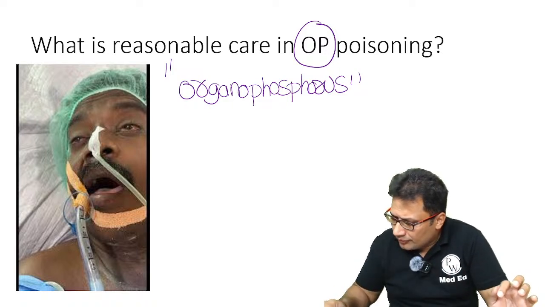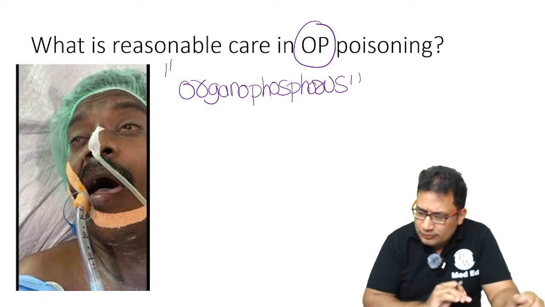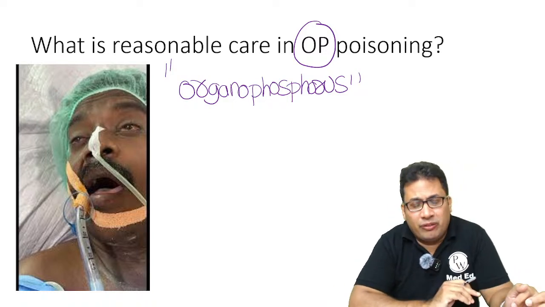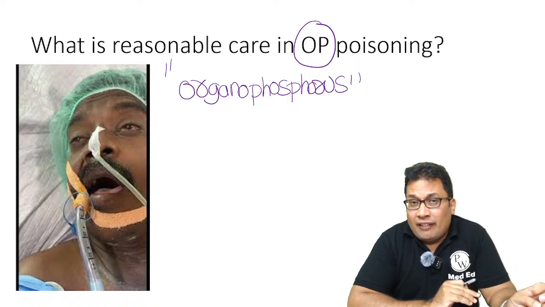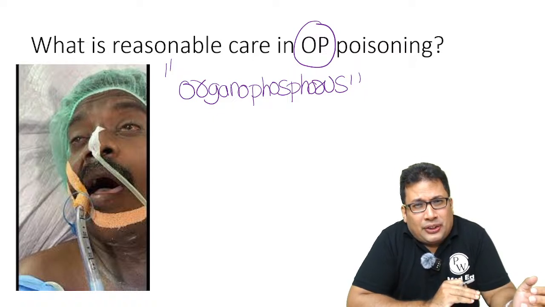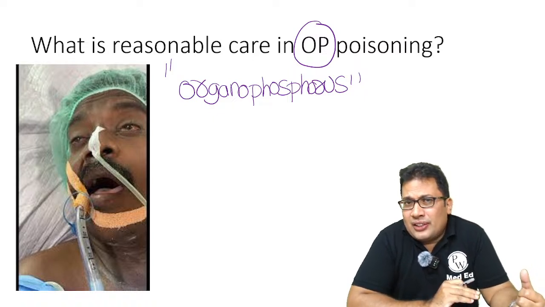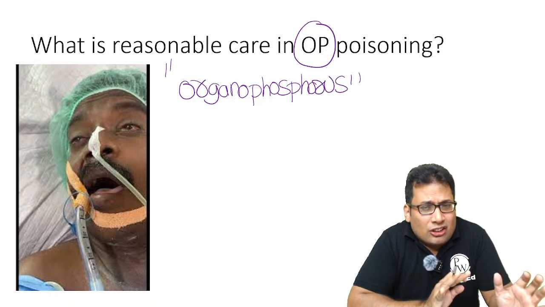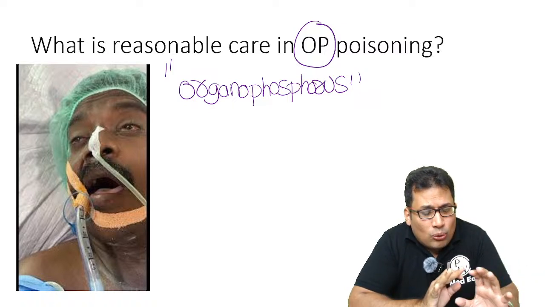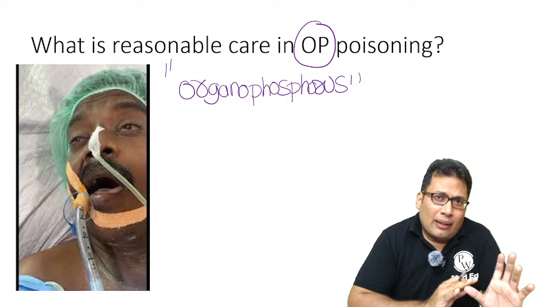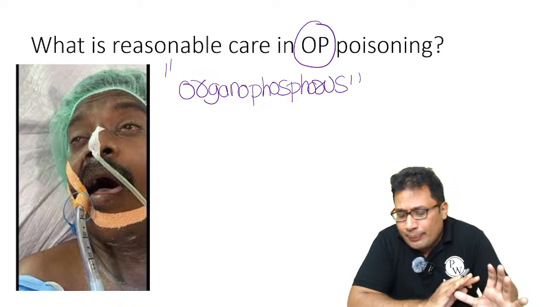Anybody? This patient has difficulty in breathing, salivation or lacrimation, respiratory paralysis. There is also consumption of some amount of OP poison, for example malathion, parathion and all. So what is the reasonable care?